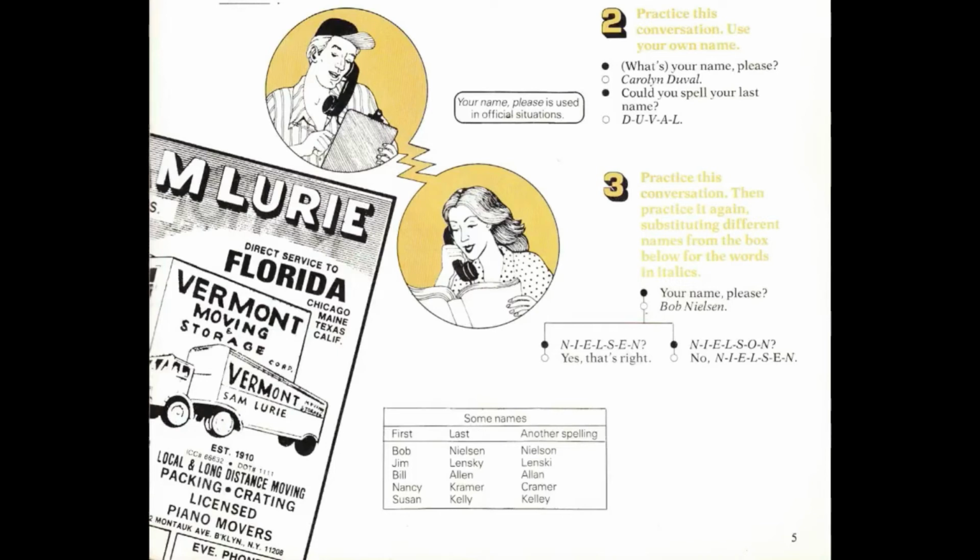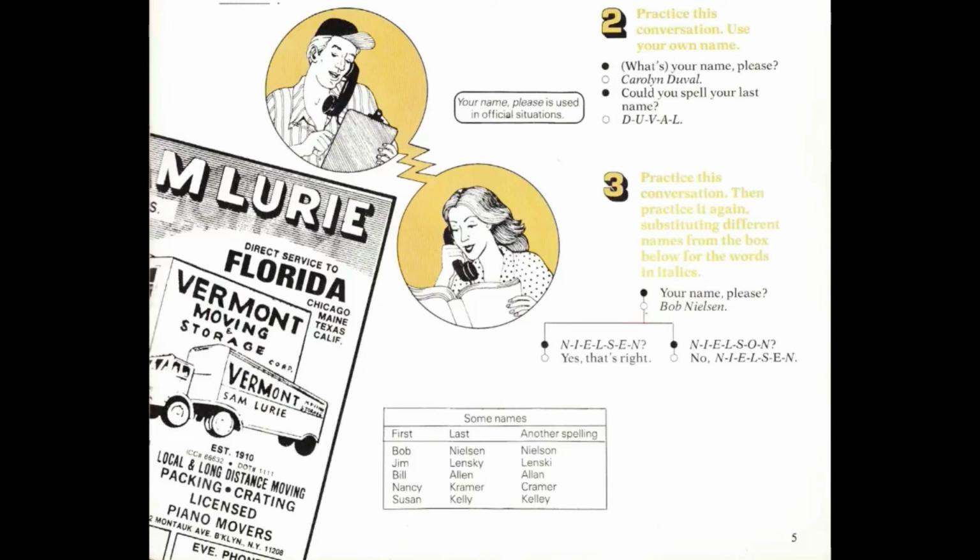What's your name, please? John MacArthur, for example. Could you spell your last name? M-C-A-R-T-H-U-R. In this way, we put new names. We use alternatives. So, when you talk to someone like this, you could use your own name in the same way.